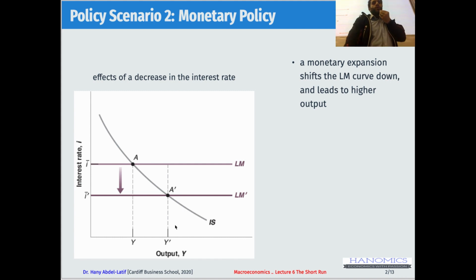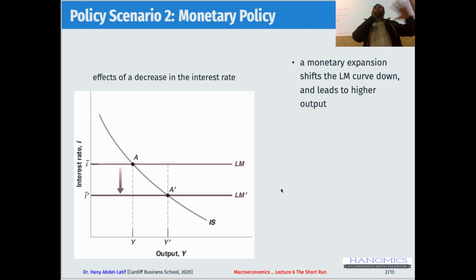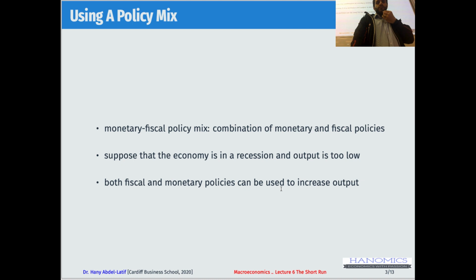So what explains this process is here: this is what happened in the money market as a result, and what happened in the goods market as a result. But the final outcome is an increase in the output level. So this is the effect of an expansionary monetary policy: a lower interest rate, shifting the LM curve downward, and then a higher output level.